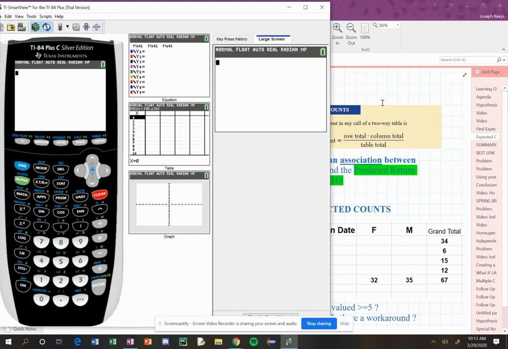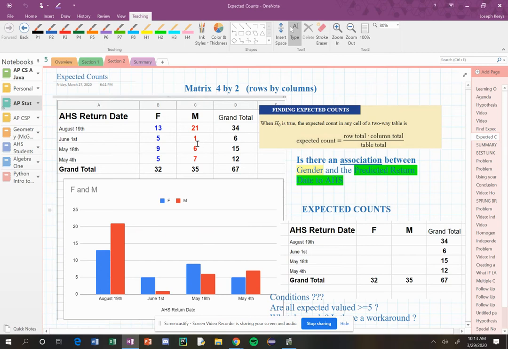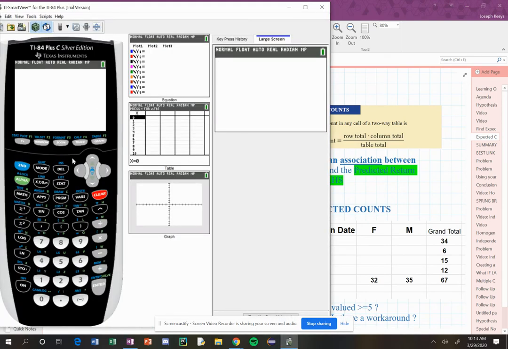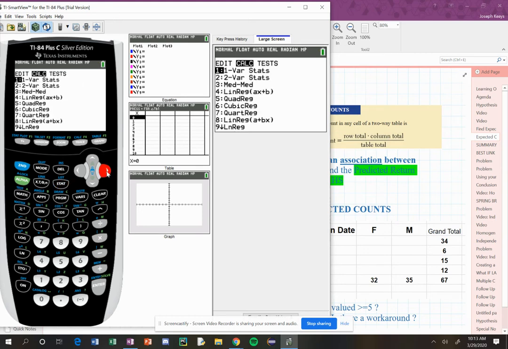So to use our calculator effectively to find the expected counts, we now have to actually perform a chi-squared test. So how do we do that? Well, it's going to be under stat. So I hit stat. We've done this a million times. We go over to the test tab.